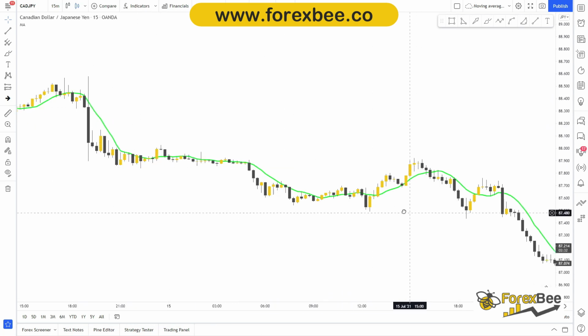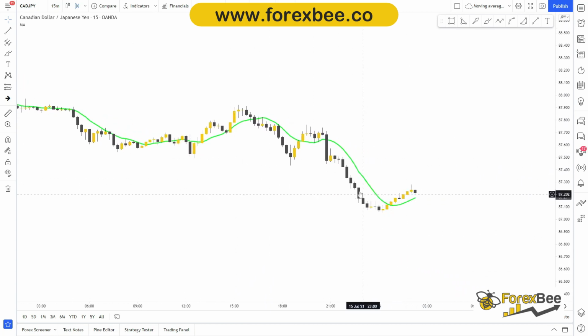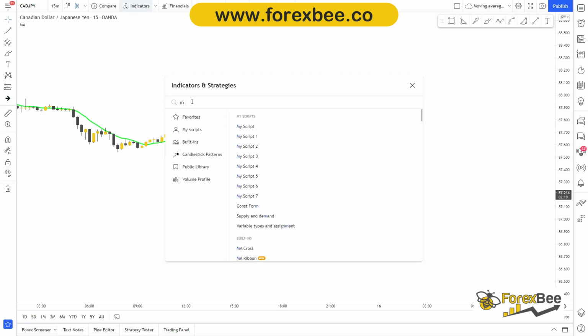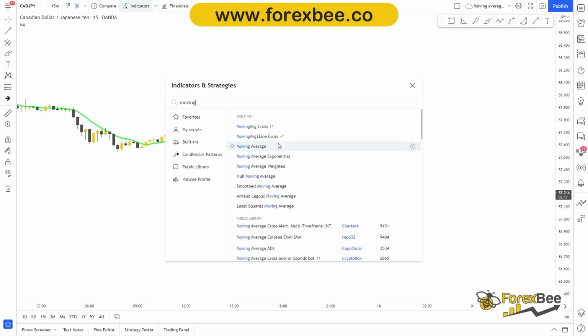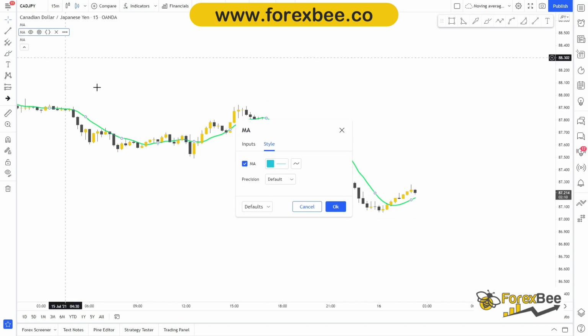Okay, and here you can see that this is basically a line for moving average, a simple moving average for the most recent 9 candles. Now I'm going to put another indicator that is simply the moving average, and I'm going to give it a length of 21 and 50. So let me go here and do that.